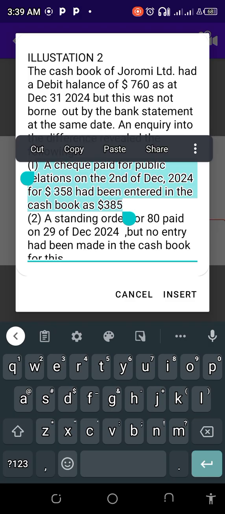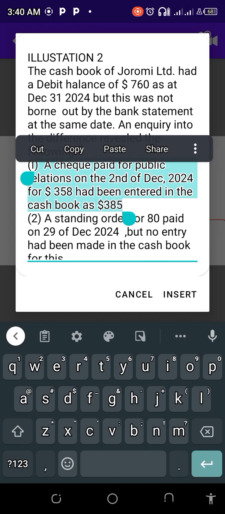This overcast of payments will revert to the debit side of the cash book. 385 minus 358 is 27, and this 27 will go back to the debit side of the adjusted cash book to correct the error of payment overcast. That is item 1.